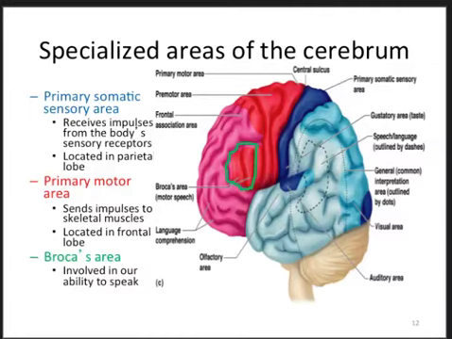You can see here that the primary somatic sensory area, which is located in this little blue ridge of tissue that's against the boundary between the frontal and parietal lobe, gets impulses from the body's sensory receptors and it will then send them to the sensory association area where the sensory information will be categorized, and it'll be assigned a category based on whether it's physical sensation of sight or sound or general senses, and then that information will be transmitted to parts of the brain where we can deal with the sensory input.